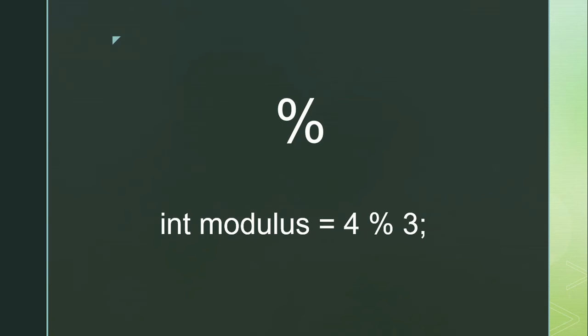Another arithmetic operation that I would like to present today is modulus. It is used to find out the remainder of the division of the number on the left by the number on the right. For example, in this case, when 4 is divided by 3.